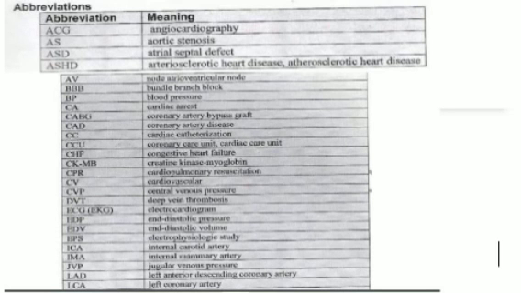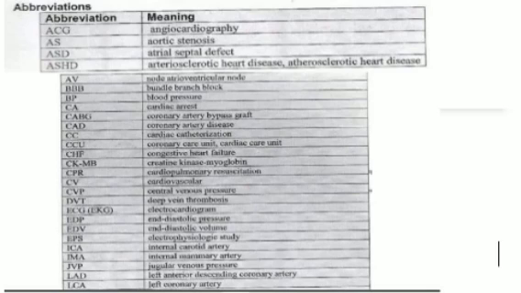ACG is angiocardiography. AS is aortic stenosis. ASD, atrial septal defect. ASHD, atherosclerotic heart disease. AV node is the atrioventricular node.